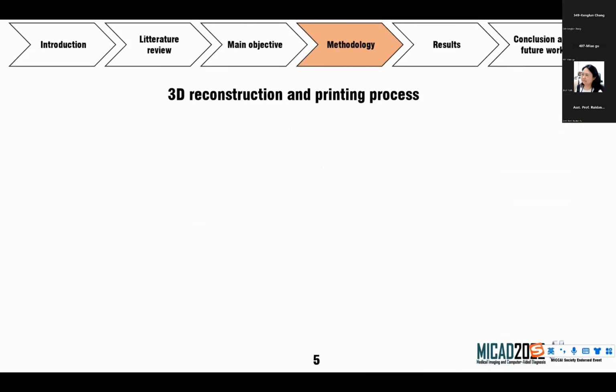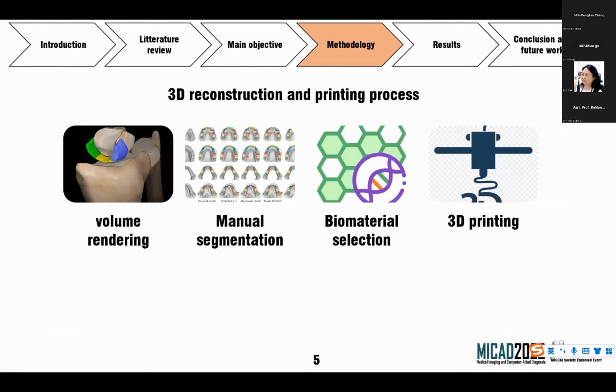So for the methodology and material, to create our 3D model, we used volume rendering, which is a set of techniques that allow the visualization of 2D images in a 3D volume. After that, we manually segmented the lunate bone from the rest of the carpal bones. Then we selected the biomaterial and proceeded to 3D printing to transform the digital model into a physical object.